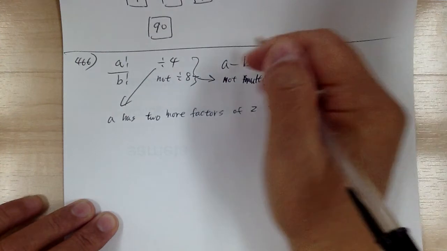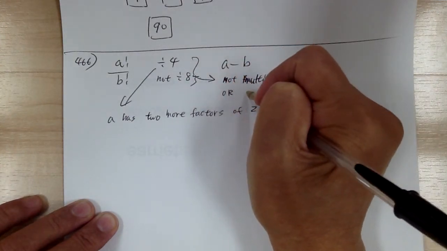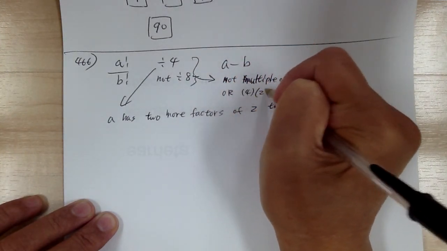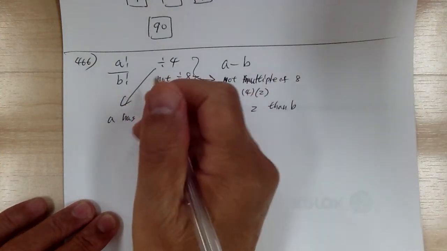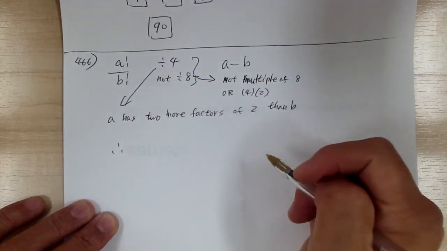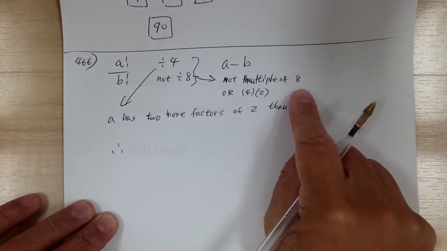Okay, or 4 and 2. Okay, so therefore, you cannot go anything higher than 8.